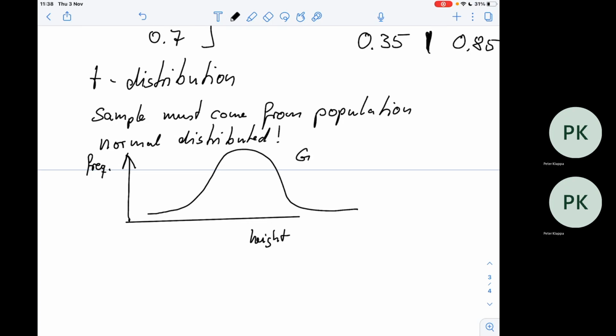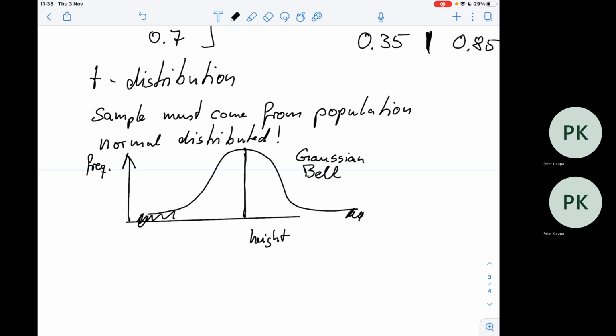It's also called a Gaussian curve or bell-shaped curve. And it has some particular properties, but I don't want to go too much into detail, which basically means most people are around the center, the mean population. There are a few people who are much taller, and there are also a few people who are much smaller. But in general, it follows this bell-shaped curve.